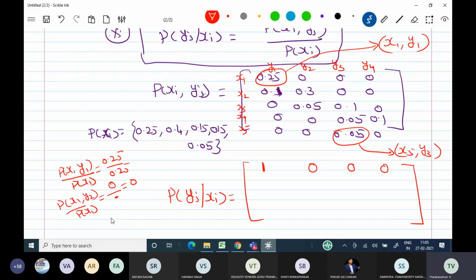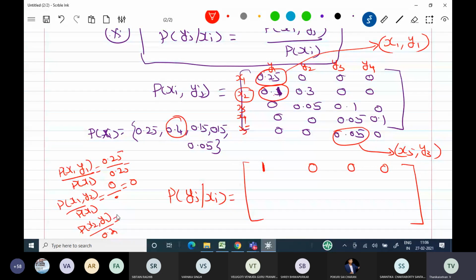Similarly, go to x2, the second row. Probability of x2 comma y1 at this coordinate must be divided by the probability of x2. Second row means x2, and the corresponding x2 probability is 0.4.